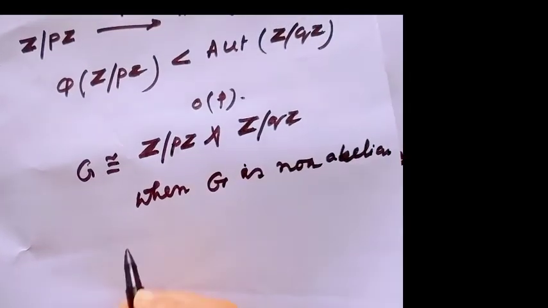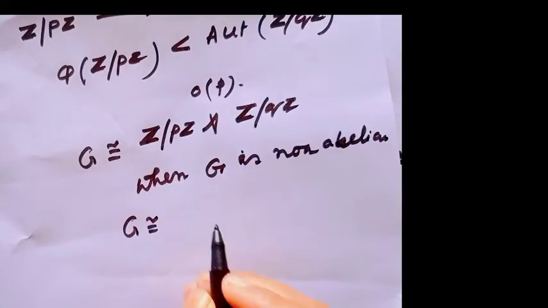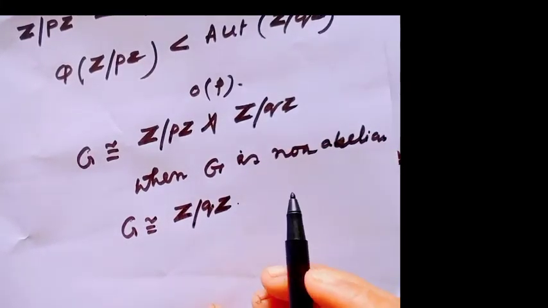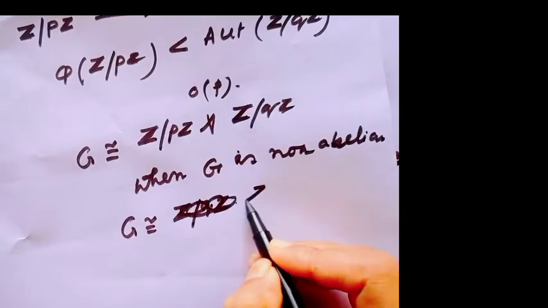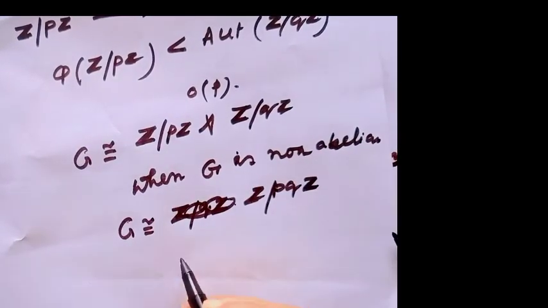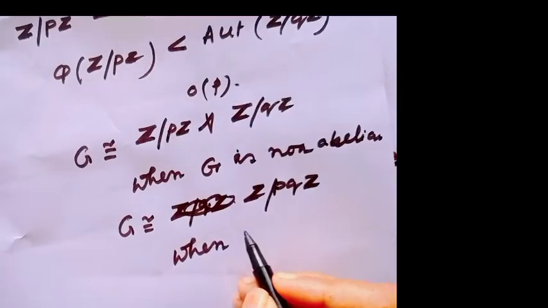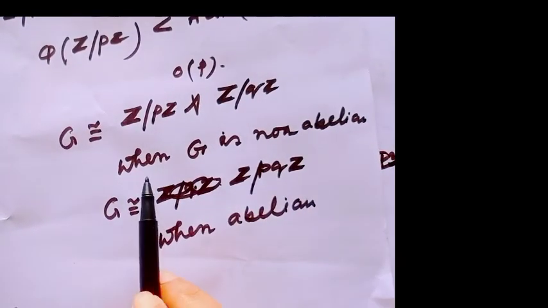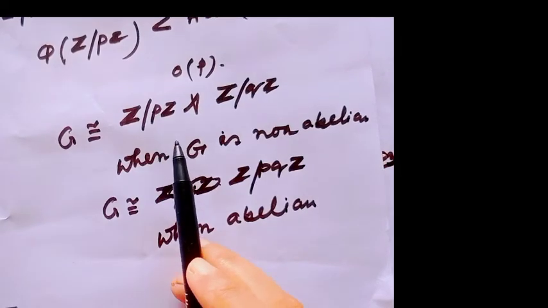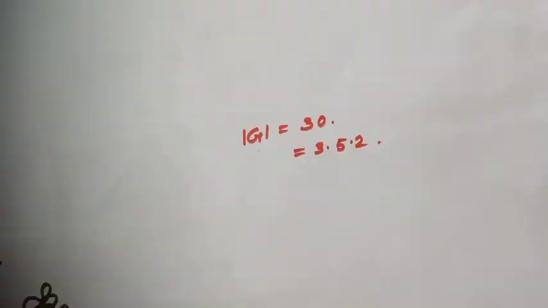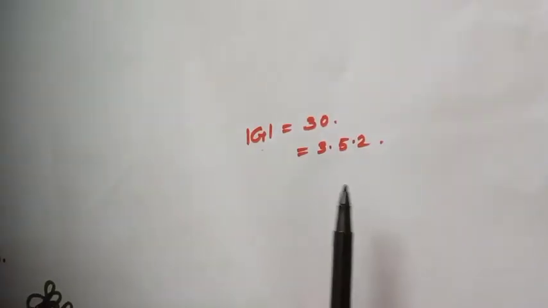When G is cyclic, then G is isomorphic to Z mod PQZ. When G is abelian, it means cyclic, and when G is non-abelian, then it is isomorphic to Z mod PZ semi-direct product Z mod QZ. Okay? Well, now let's come back to our original example, the group of order 30.